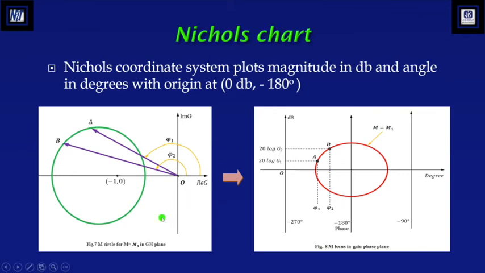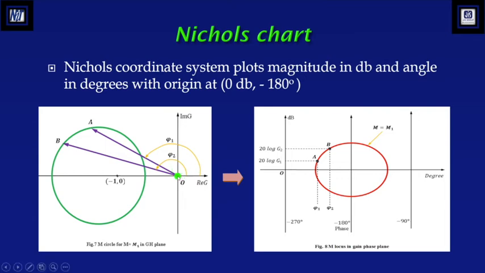The constant M and N loci in the GH plane may be transferred to the gain phase plane. Let us consider an M circle, M equal to constant, say M1. Consider a point A on this M circle and join A to the origin of the G(j omega) plane.